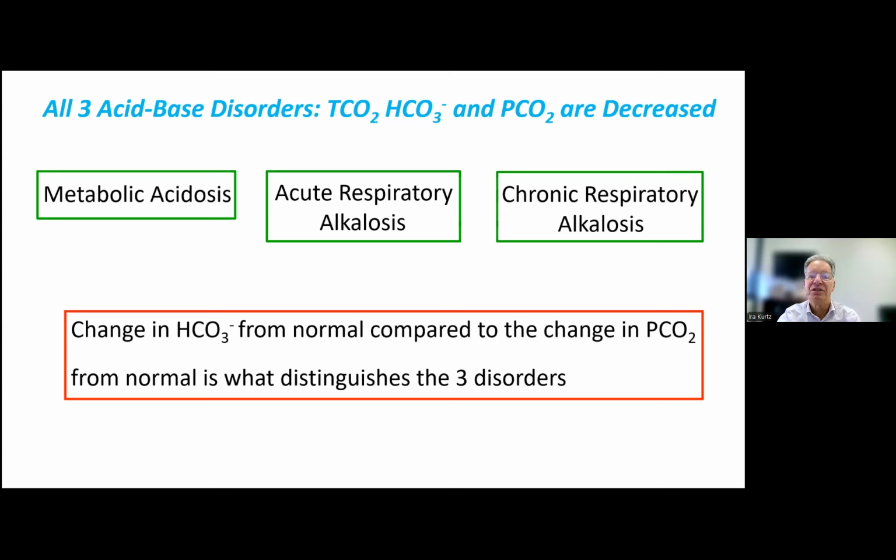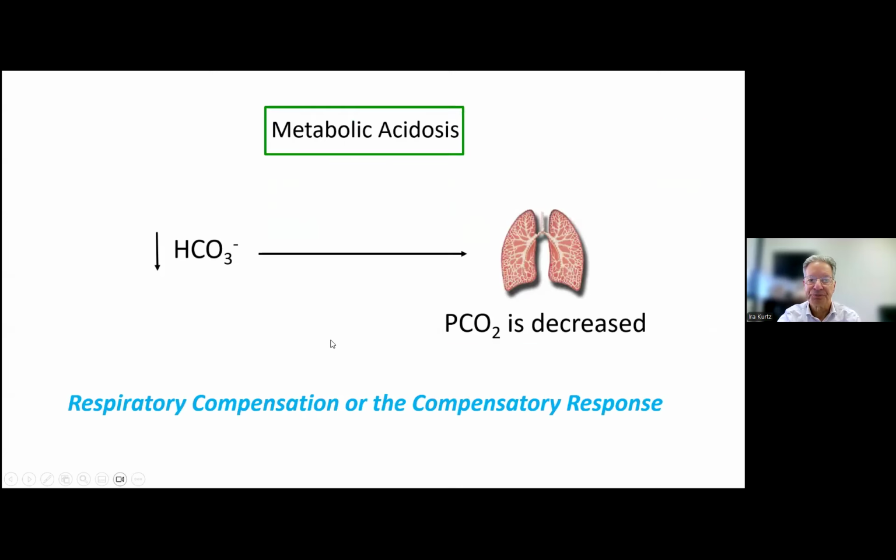The only way to definitively know what's going on is to assess the change in bicarbonate from its normal value in proportion to the change in the PCO2 from its normal value. That's what definitively distinguishes these three diagnoses from each other.